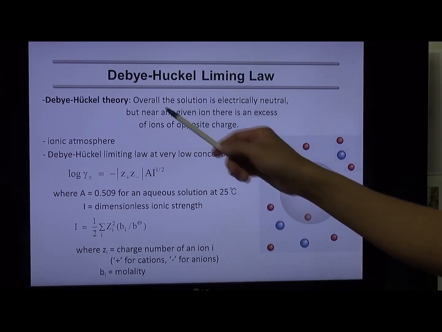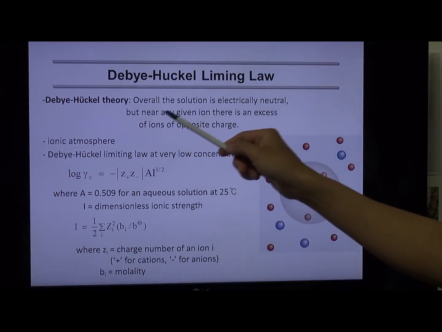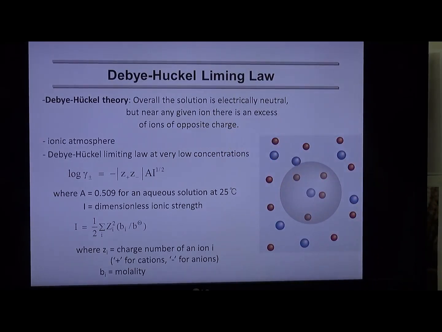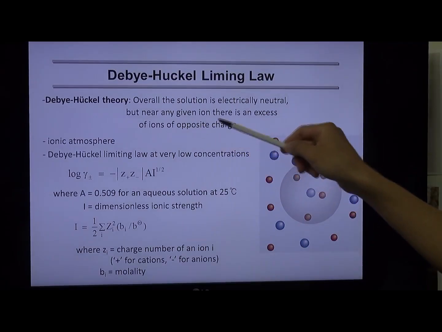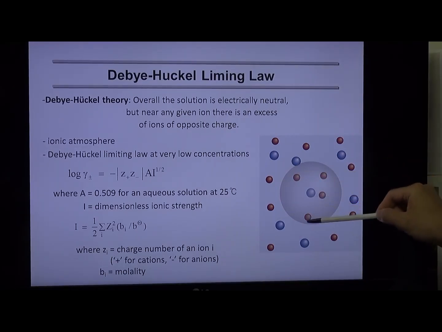The Debye-Hückel theory means that overall the solution is electrically neutral because we have the same number of cations and anions, right? But near any ion, there is an excess of ions of opposite charge. For example, if there is a positive ion here, then near the positive ion, more negative ions will be present compared to other places, right?